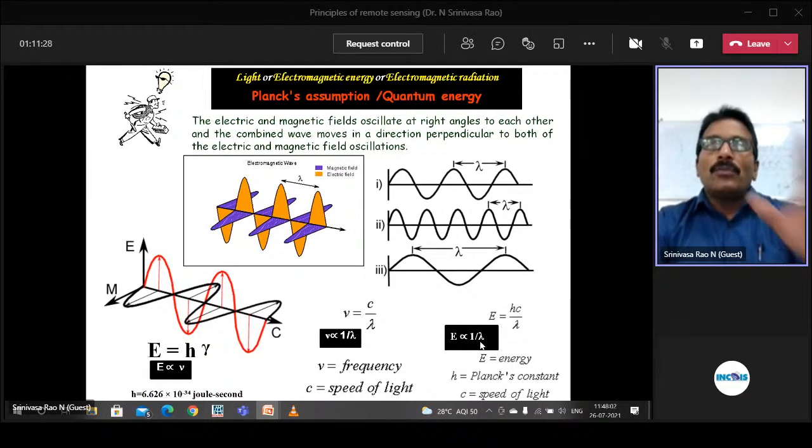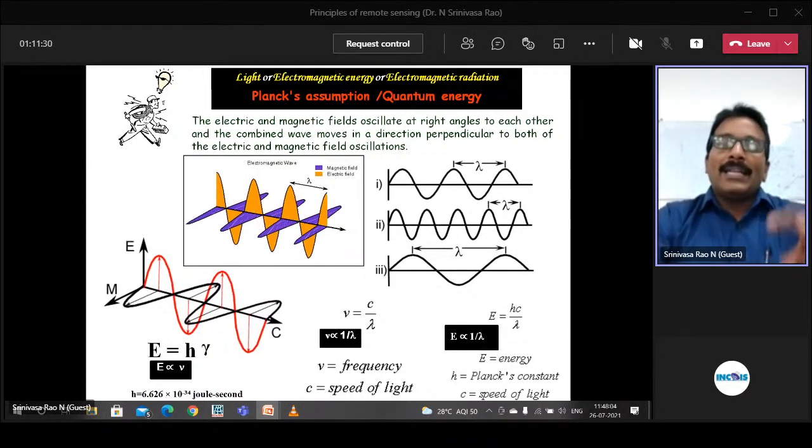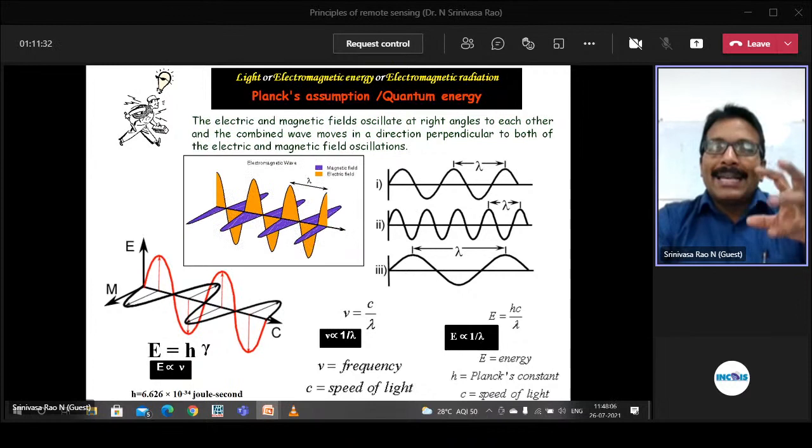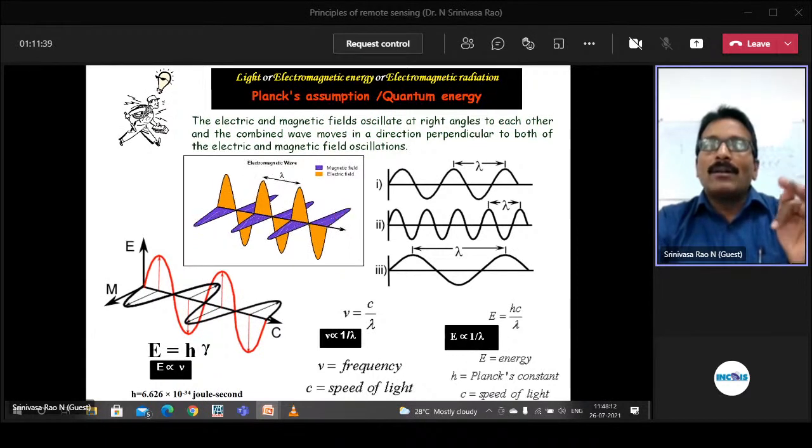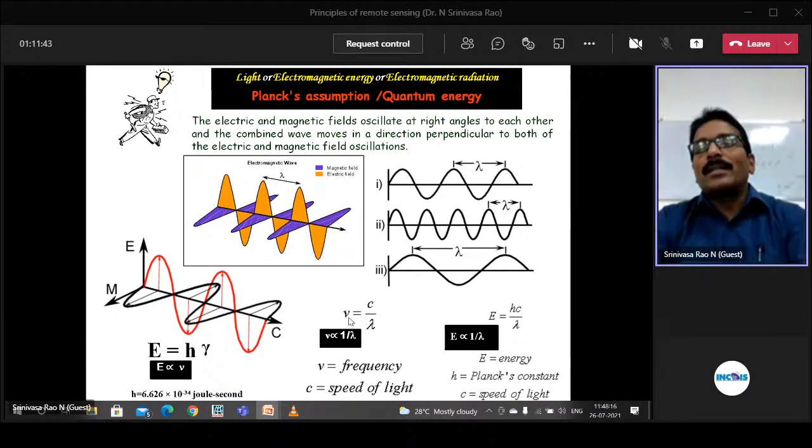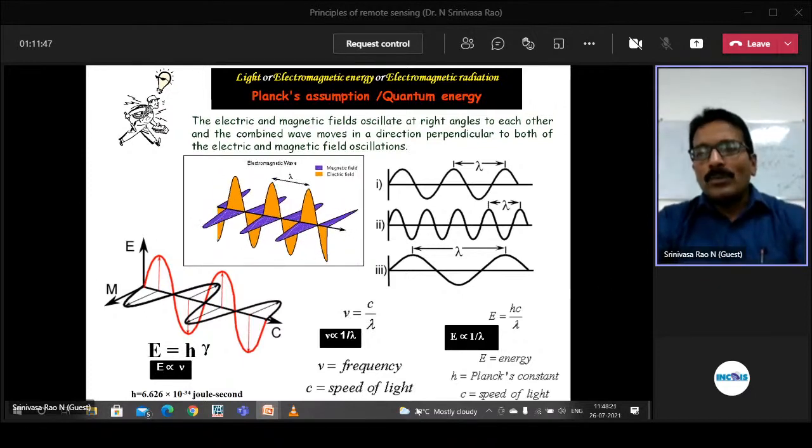That means when talking about electromagnetic radiation or light energy, we represent it in two ways: in the form of wavelength or in the form of frequency. The units are also represented sometimes in wavelength units, sometimes in frequency units.